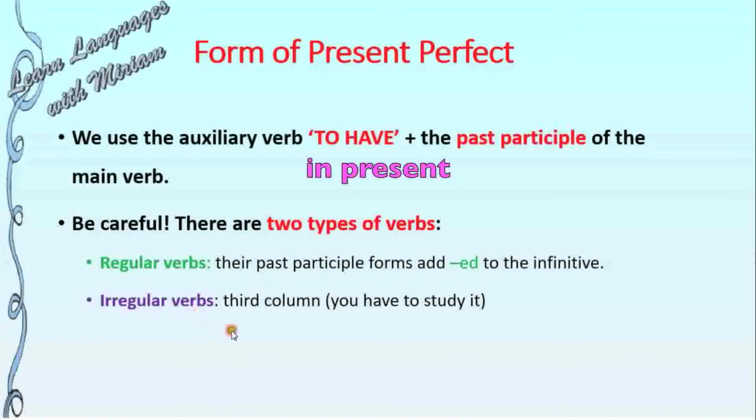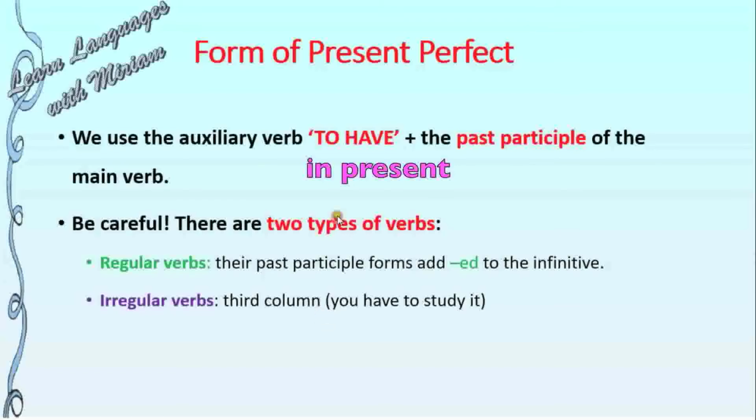And here we will take the third column. The past participle of the three columns is the third column. You have to study it. In the next video, you are going to learn these three columns.